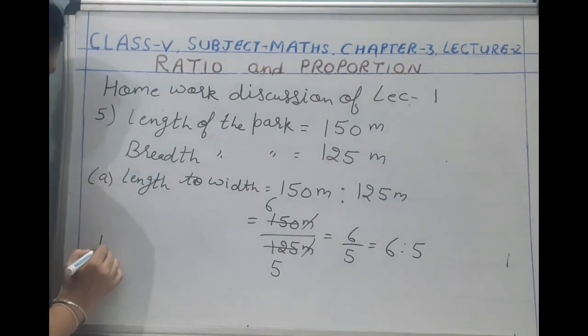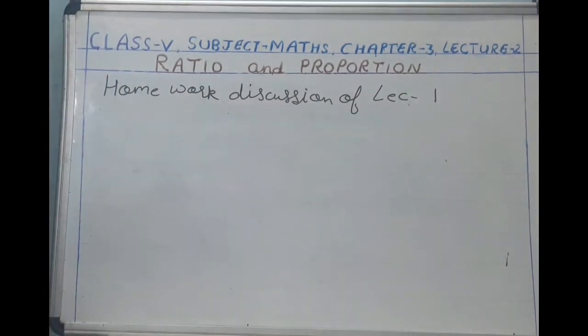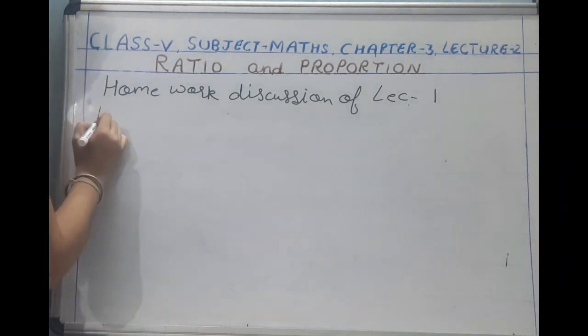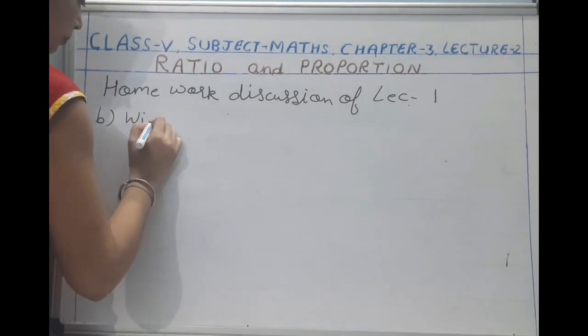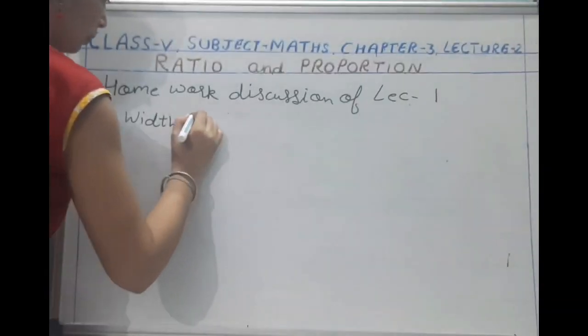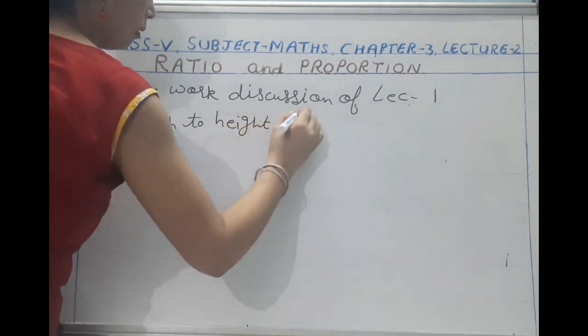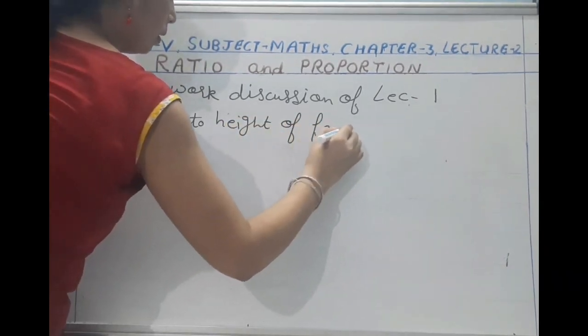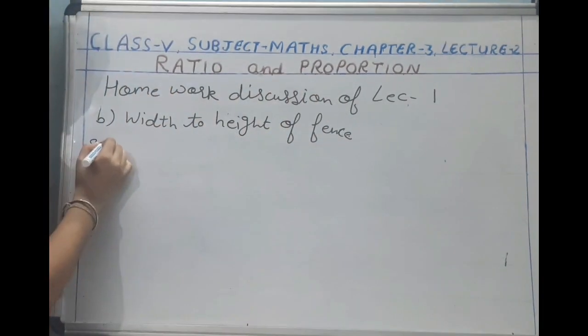Next is your B part. Our B part is width to height of fence. As you have written previously, don't write down everything again.